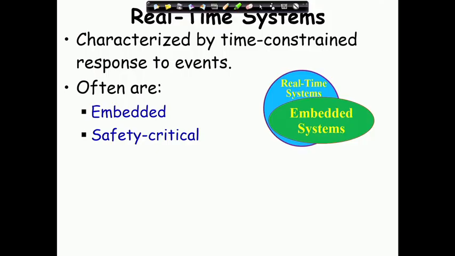For example, let us say an air traffic controller in an airport, it reacts to an aircraft coming in, and that is not really an embedded system. So, the majority of the real time systems are embedded systems, but not all embedded systems are real time systems as shown in this diagram, and also there are some real time systems which are not embedded.